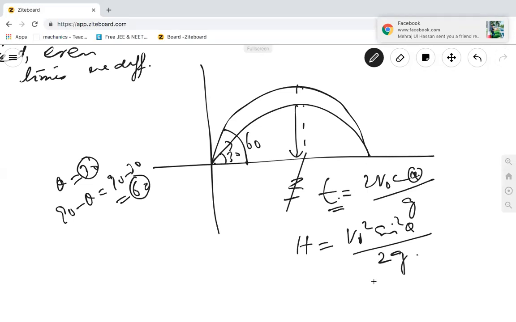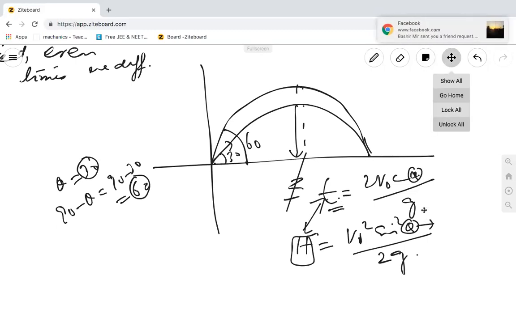Right? Yes. So if theta is 30, h is something, and if theta is 60, h is different. So times and heights will be different, but horizontal range will be the same.